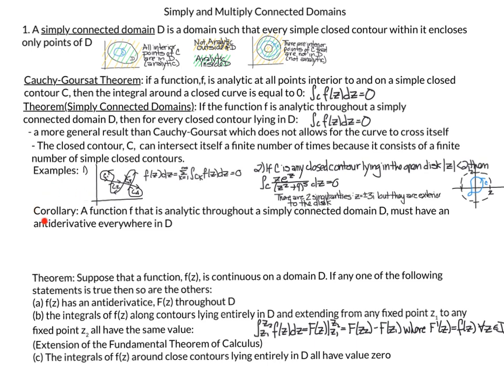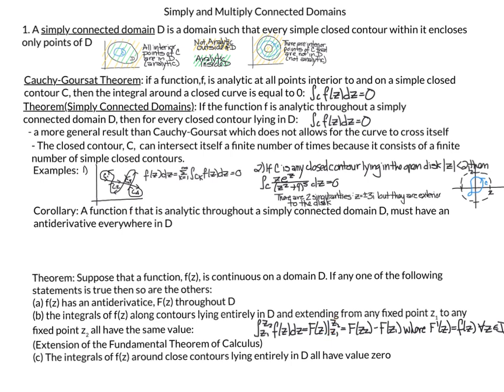Now this corollary adds on to this theorem that we had seen in a previous video. This corollary says that a function f that is analytic throughout a simply connected domain must have an antiderivative. Along with this theorem, it also means that for a function f that is analytic throughout a simply connected domain, the integrals depend only on the antiderivative and the endpoints.